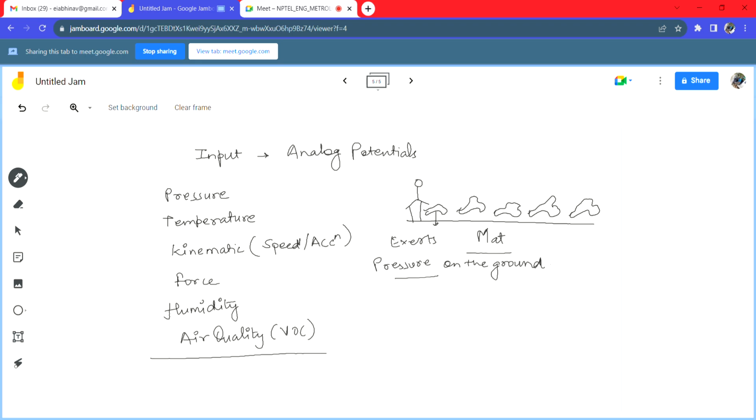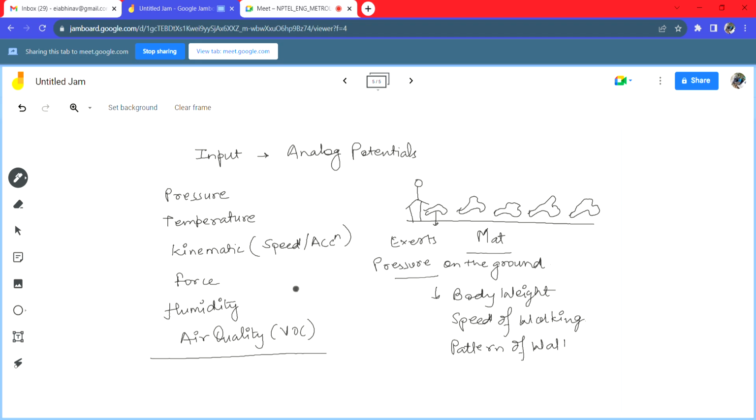That pressure is being exerted because of the body weight of the person, the speed of walking, and of course the pattern of walking.